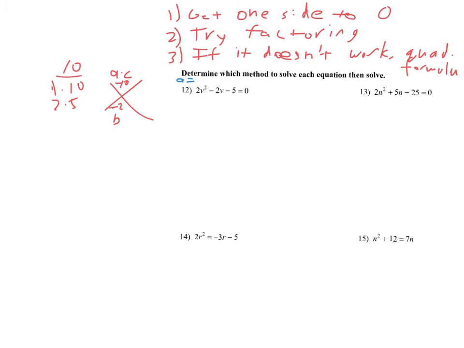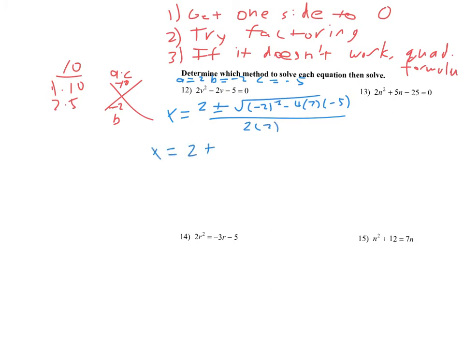So we have our a is 2, our b is negative 2, and our c is negative 5. So we're going to do x equals negative b, so that'll be positive 2 there, because b is negative, we put a positive, plus or minus the square root of negative 2 squared minus 4 times 2 times negative 5, and then all over 2 times 2.